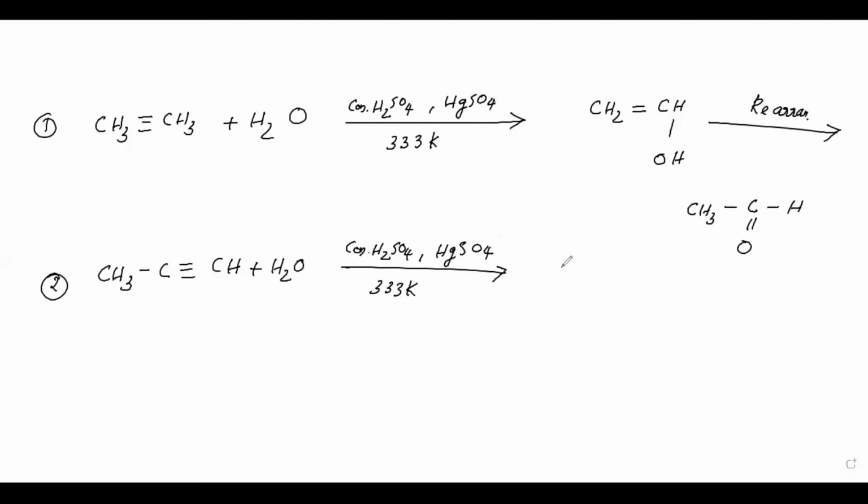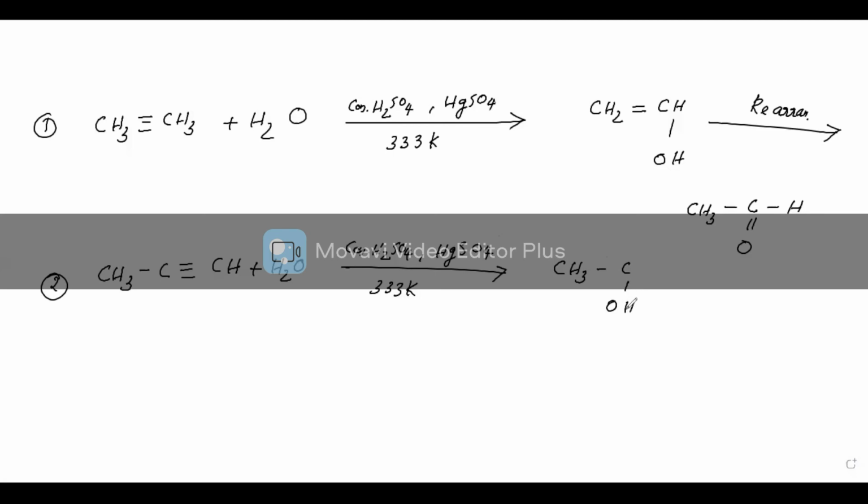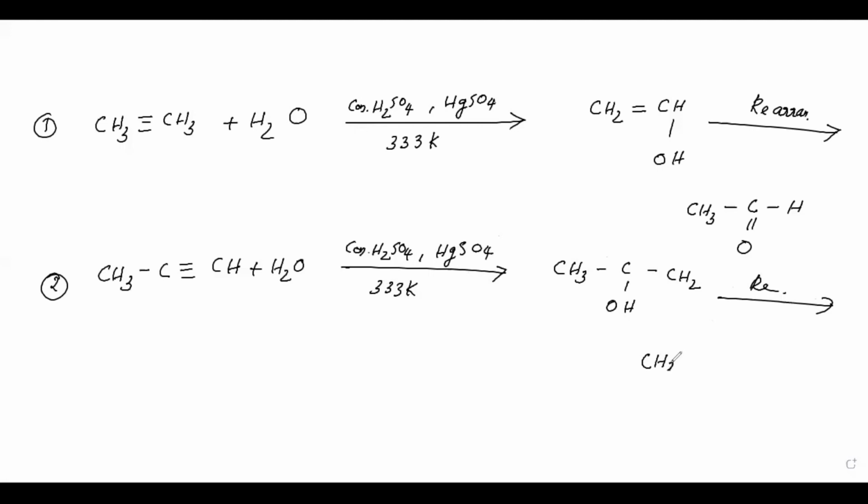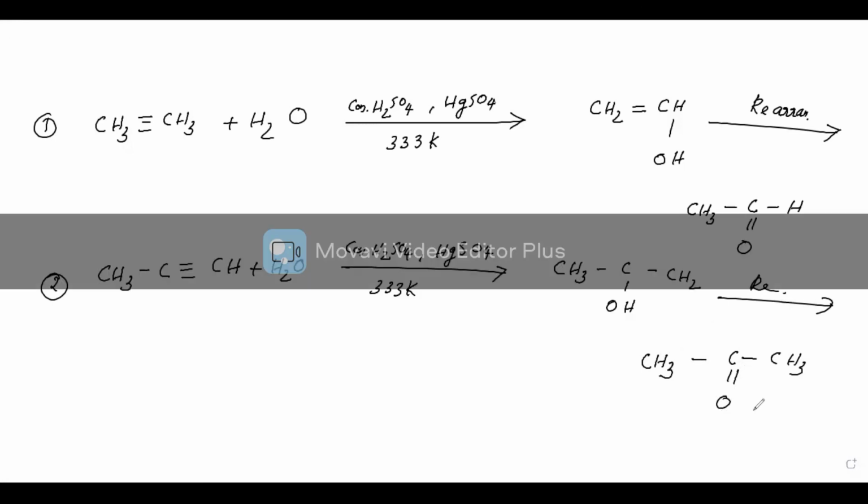I got the product as CH3COH, CH2. Just rearranging it, I get CH3C, CH3 double bond O. What is it?